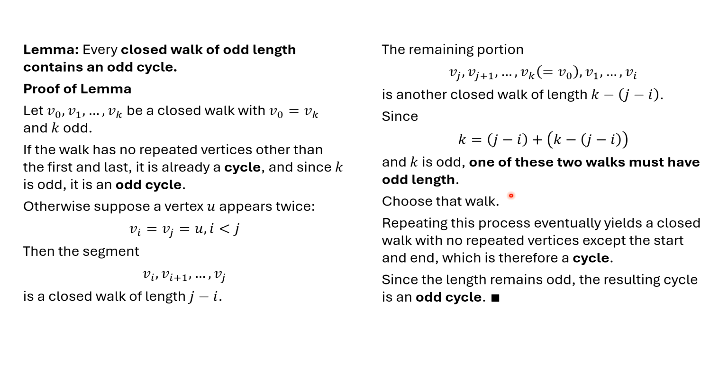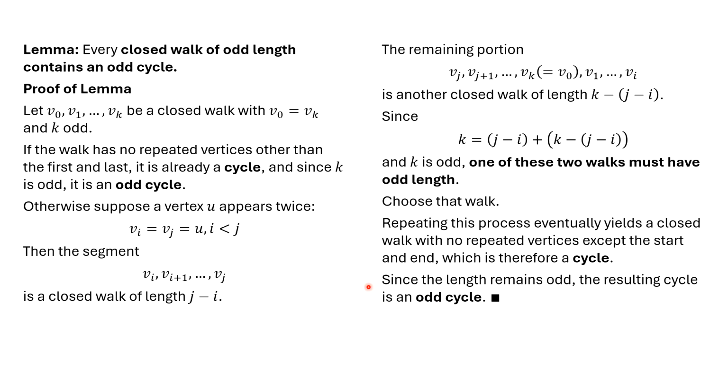It could be a cycle, in which case we'd be back to this case. If it's not, we just repeat the process and keep selecting the odd walk out of the two resulting closed walks, and eventually we're going to get a cycle. So that's the proof of the lemma. Okay, so two different ways of proving the initial theorem.